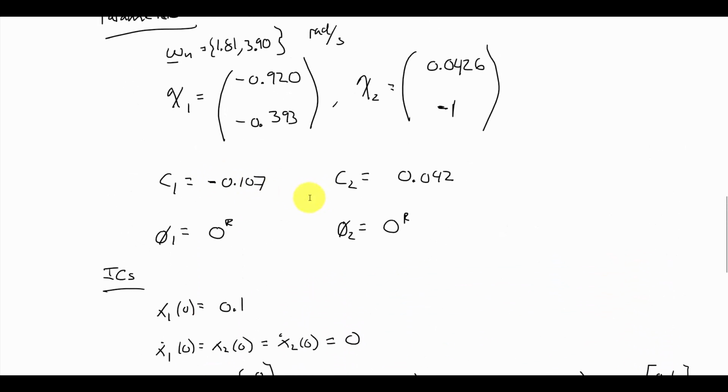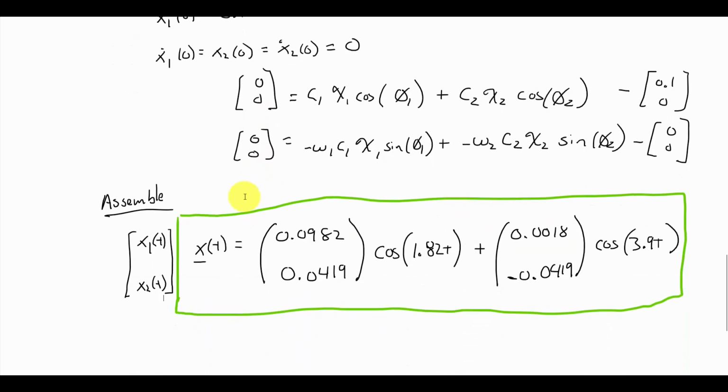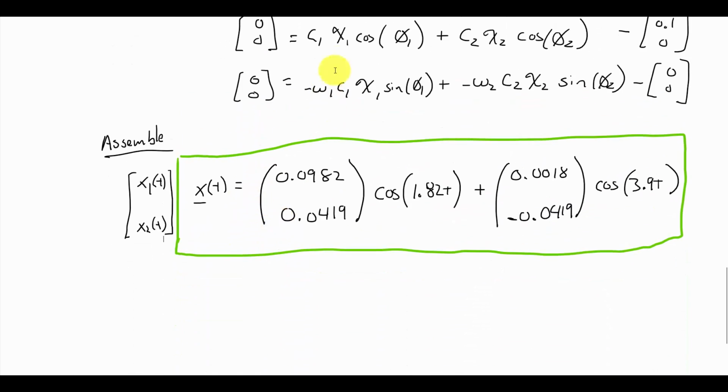And for this one we got that the phis were 0, there was no phase, and we got the values of C1 and C2. Now we can assemble our full solution by multiplying out the C1 and the chi1, the C2 and the chi2, putting in our natural frequencies, and in this case 0 phase, but the phase would go into those cosine terms anyway. And this is what we get: the vector equation for our 2 degrees of freedom, x1 and x2.